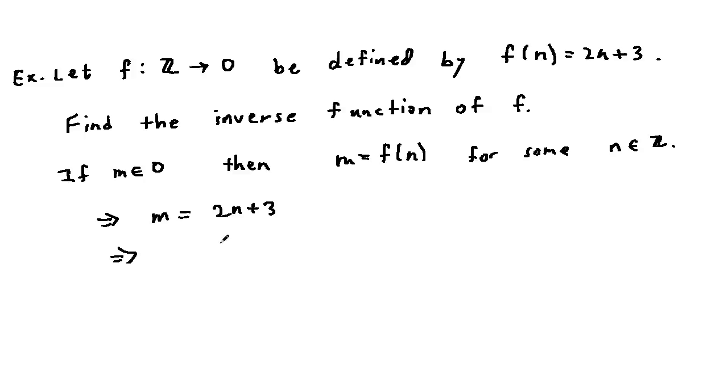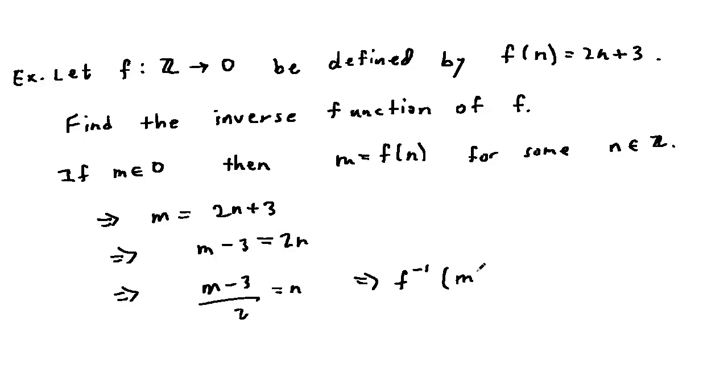Solving for n, let's subtract the 3 and divide out by 2. Okay, so f inverse of m is this.